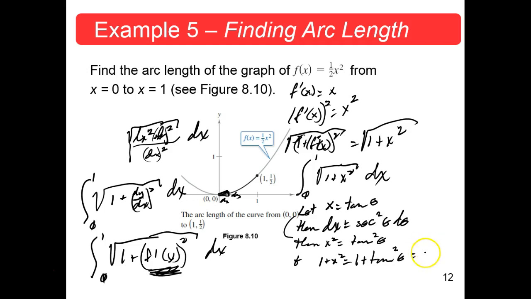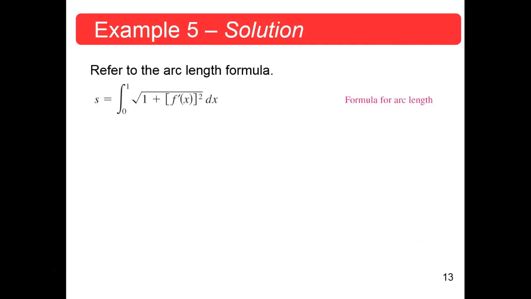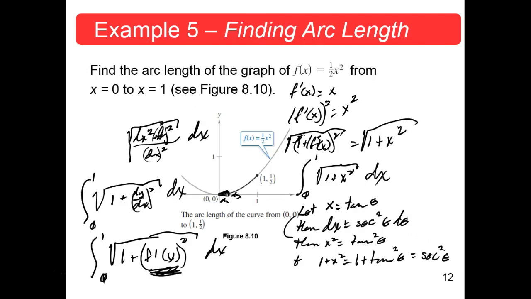So this is equal to secant squared theta. But it's not just 1 plus x squared, it's the square root of that. So the square root of secant squared theta would be secant theta.